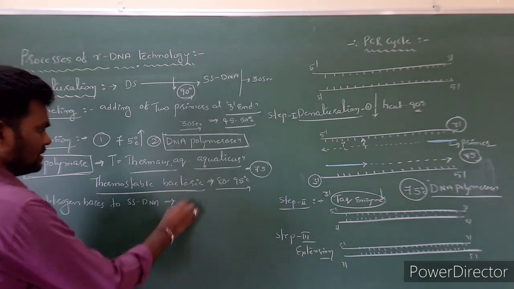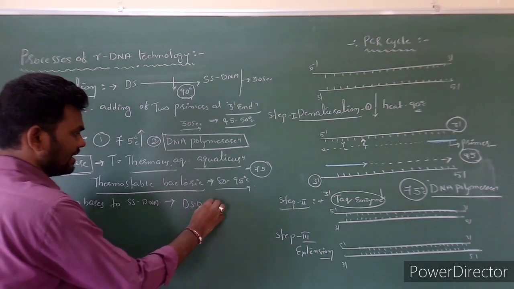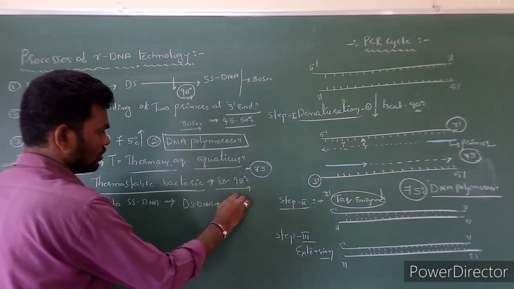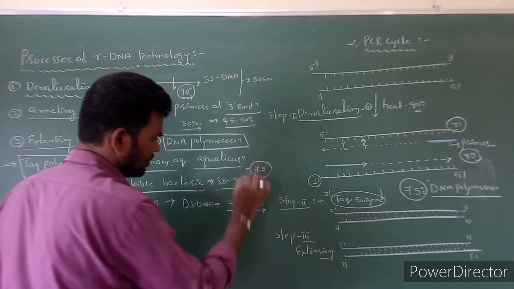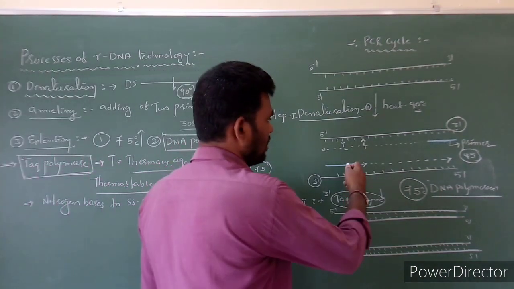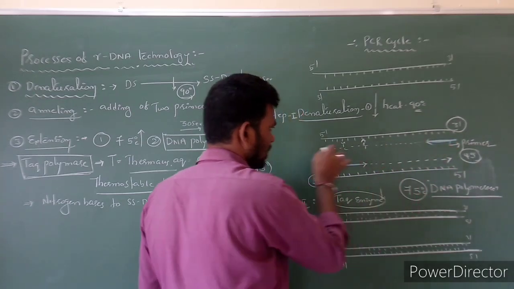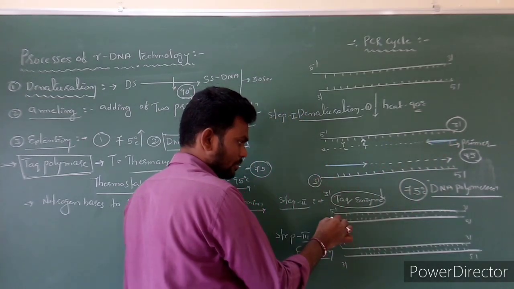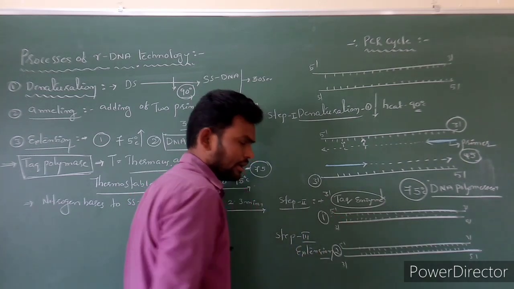Now it becomes double stranded DNA within 2 to 3 minutes. Now one primer moves in one direction and one primer moves in the other. At the last, it is going to become what? Here one daughter DNA, here one daughter DNA.